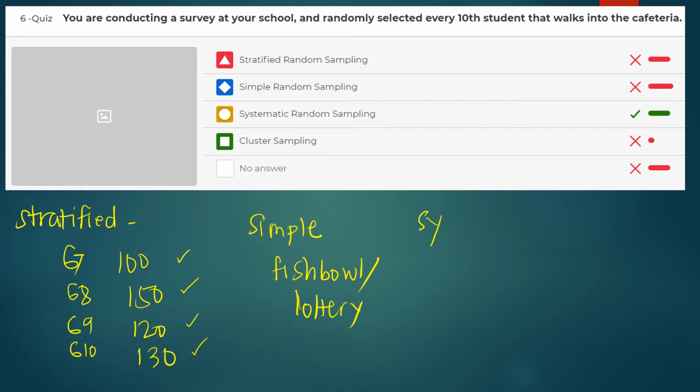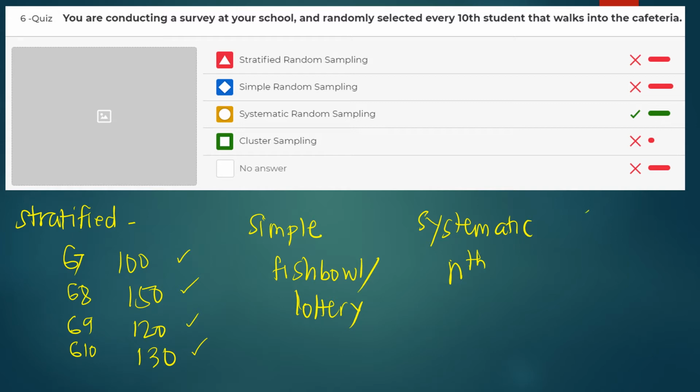So, pag sinabi nating systematic, from the word itself, systematic, meron particular na system. So, you're going to get, for example, every nth element. Okay? So, for example, na pinapila lahat sila, and then, every fifth person in the line. So, 1, 2, 3, 4, 5, o kung sino yung pang number 5, that will be included, no? That will be picked from the population, oh. And then, from that, count ulit, 1, 2, 3, 4, 5.